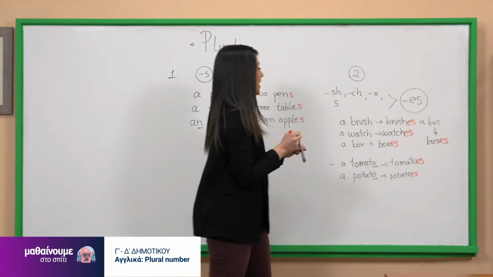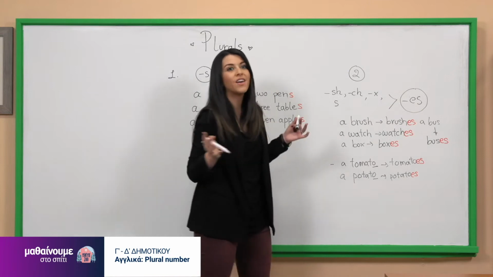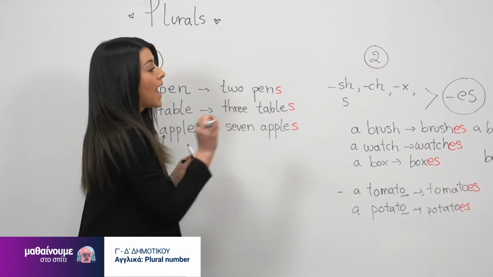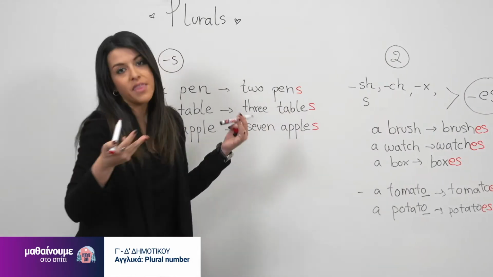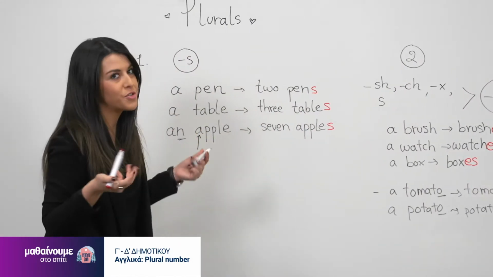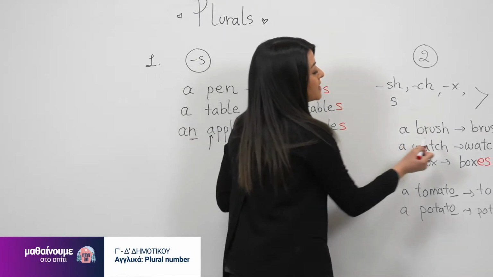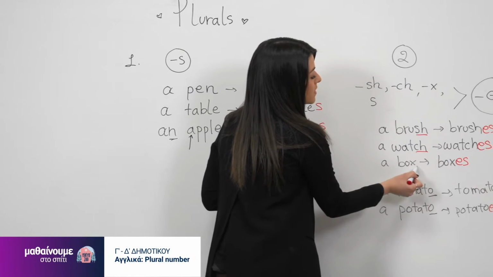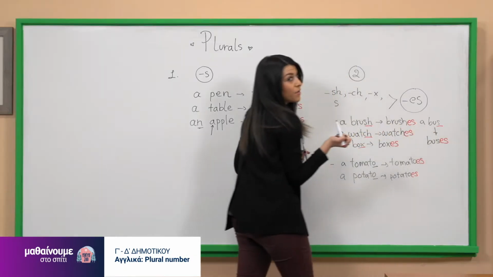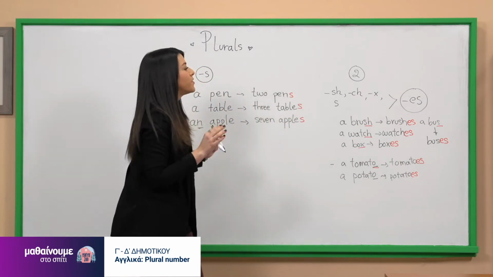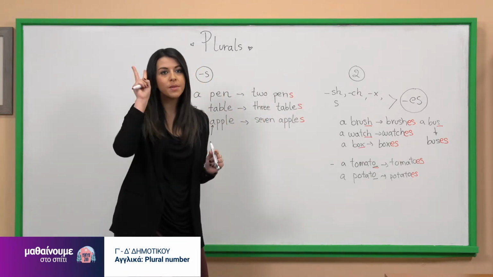These also have some exceptions, like piano or photo, which just take S. Okay? I'm not going to write them here. Just remember these basics. And there are other rules, of course, and many exceptions, but that's okay for now. So let's remember, when a noun ends in sh, ch, x, s, okay, and with o, without the exceptions, we put es. Okay, that's rule number 2.